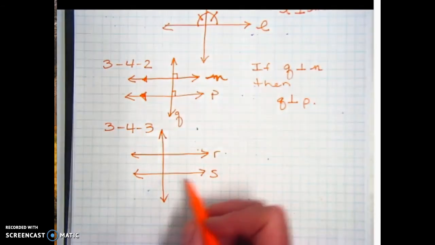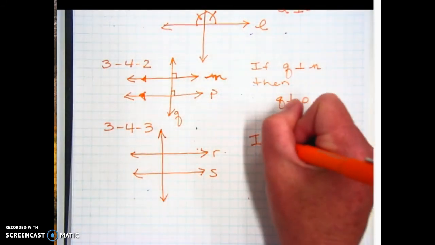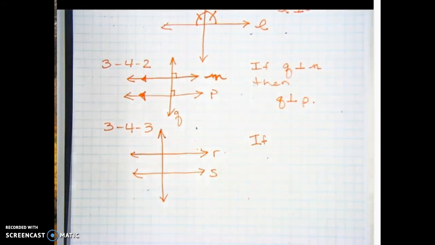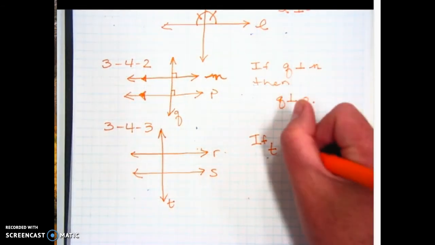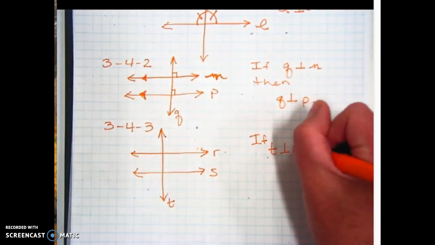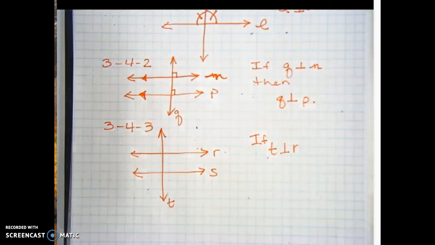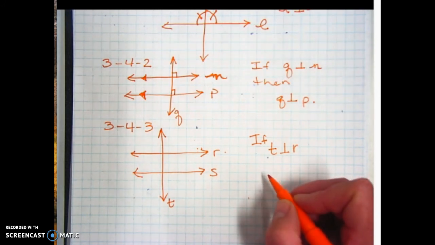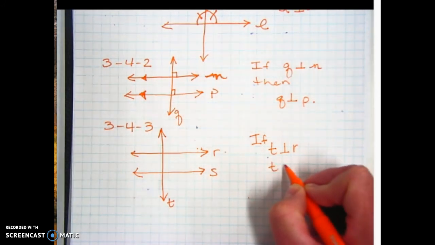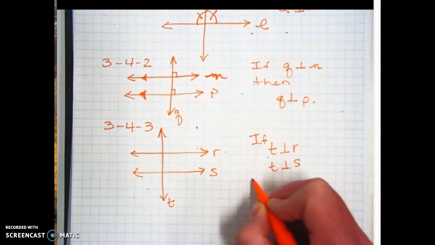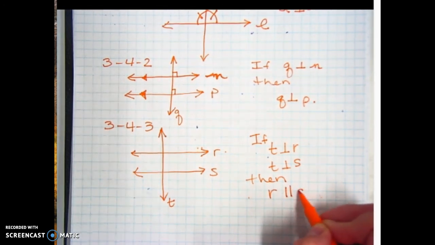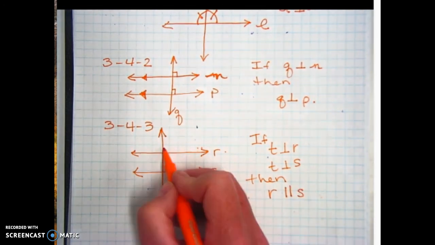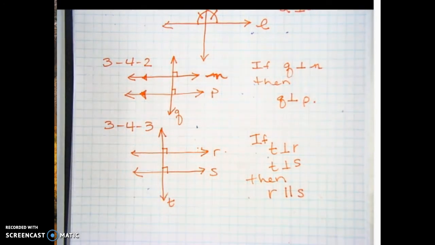It says that if line T is perpendicular to R, and T is perpendicular to S, then R is parallel to S. Okay?